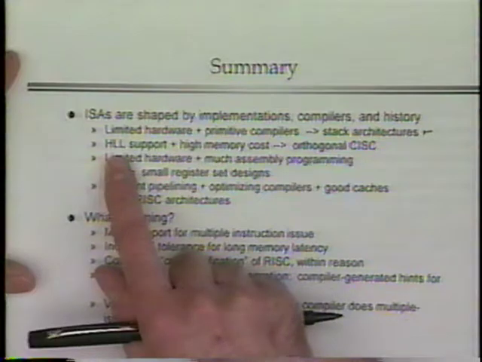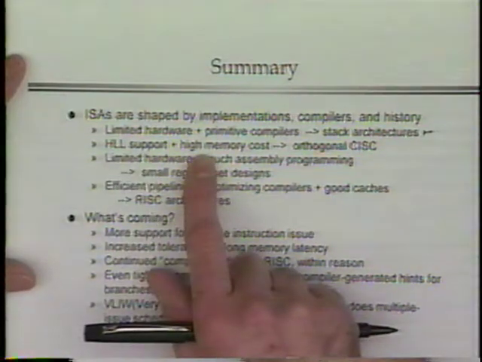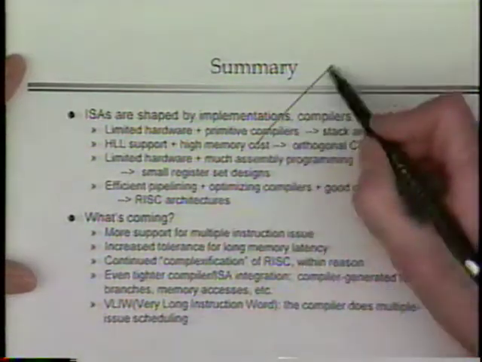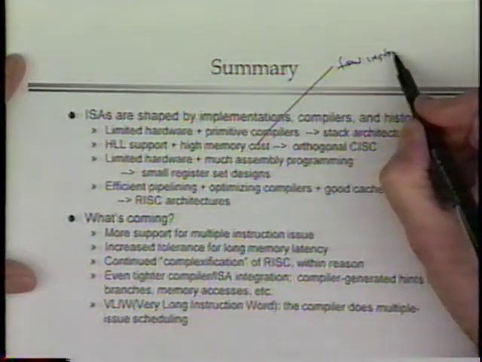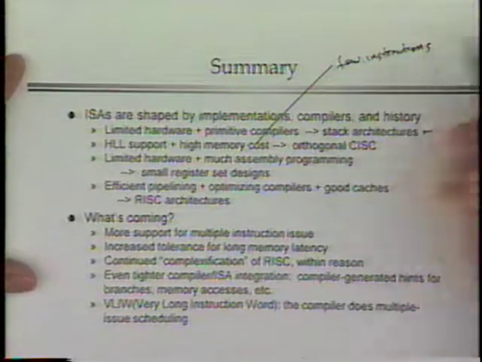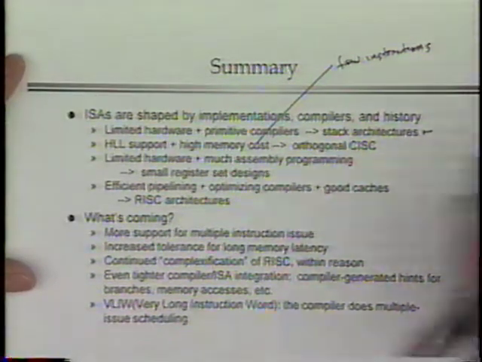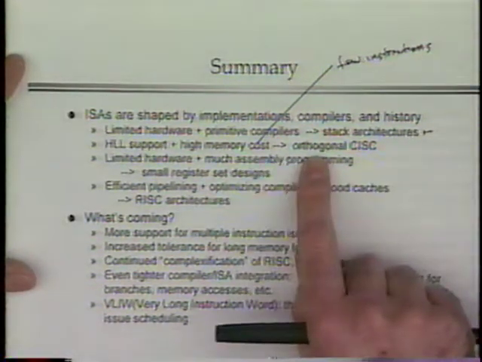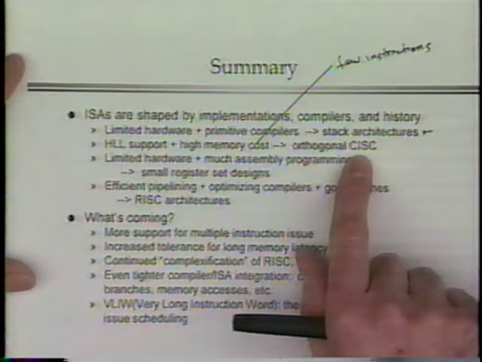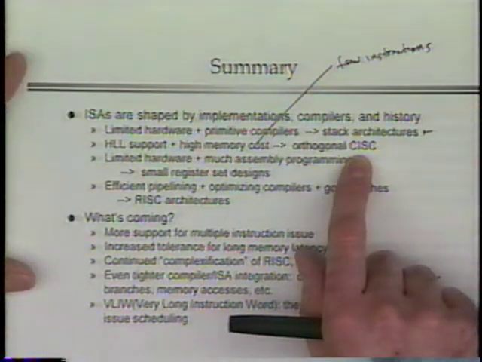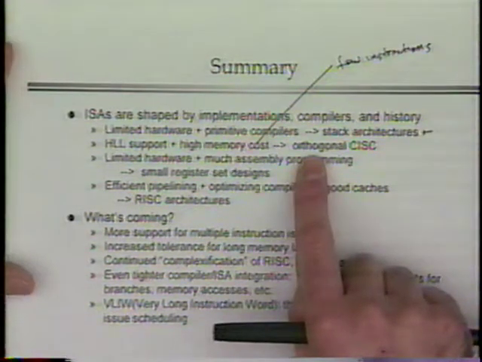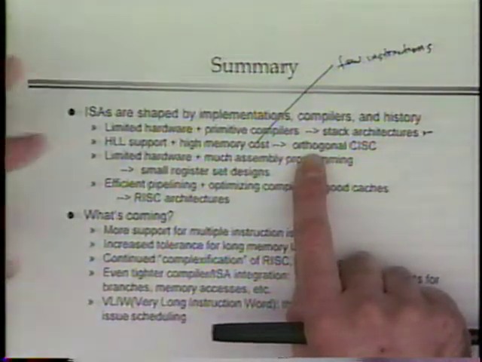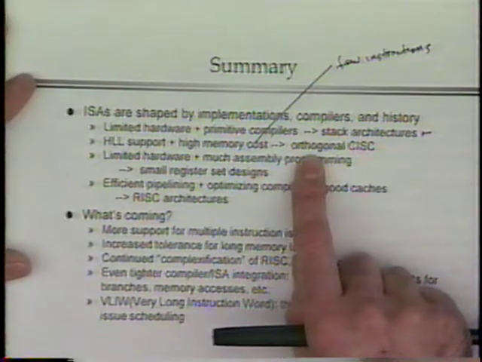If you have a lot of high-level language support and memory cost is high, and because memory cost is high, you want few instructions. You want your program to take as little space as possible and to need to be fetched from memory as infrequently as possible. Then that leads to an orthogonal CISC-like architecture, kind of VAX architecture, where instructions do a lot and it's easy for the compiler to compile to them because you can do any kind of addressing mode, say, on any kind of opcode.